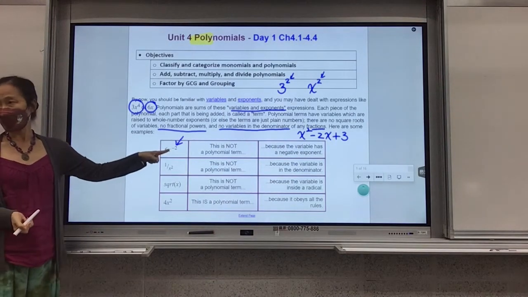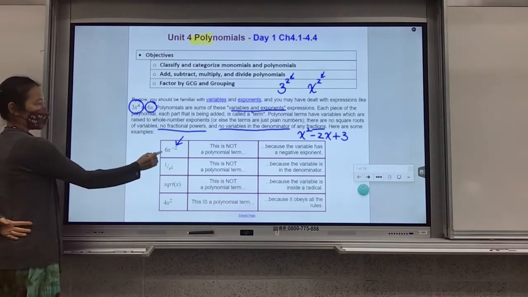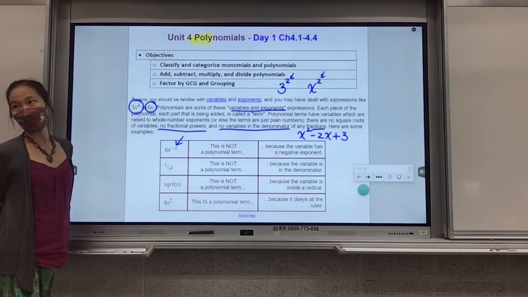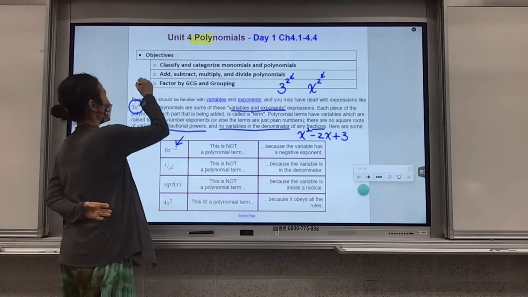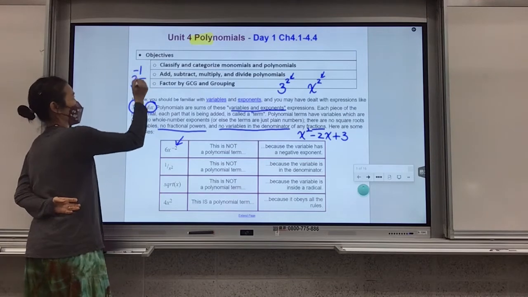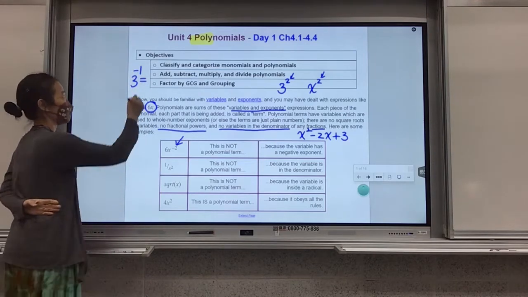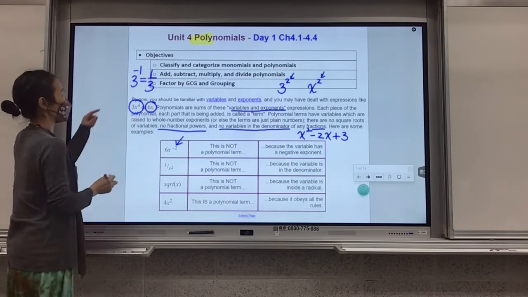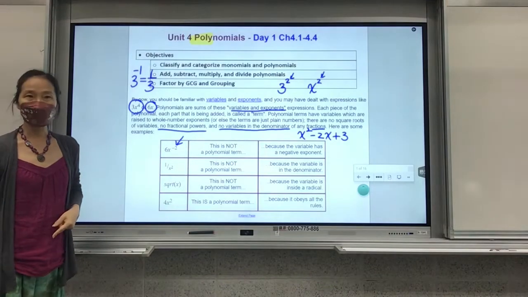What does that mean? Negative power, have you learned the meaning of negative power? X to the power of negative 6 can be written as what? What does 3 to the power of negative 1 mean? 1 over 3. You remember that? When you have a negative power, you can bring it down to the denominator to become a positive power.